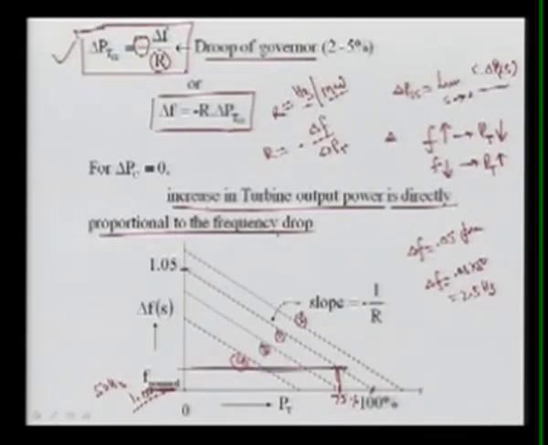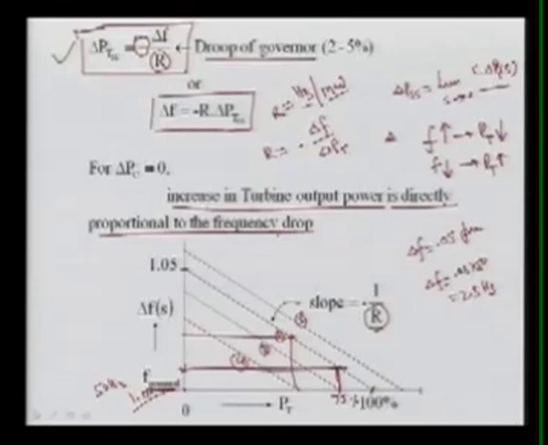For 70% loading, this will be your frequency increase. For 50%, your frequency increase will be this one, and for 0% you will get this one. So this relates the loading of the turbine with the frequency, and it depends upon this characteristic, that is the slope R, which is very, very important.